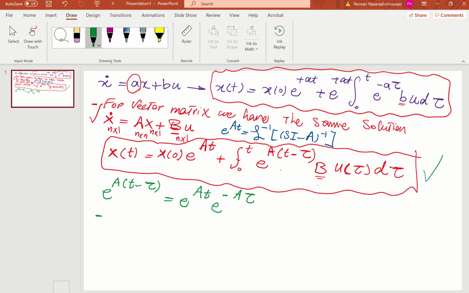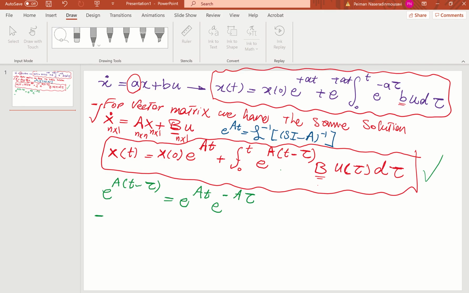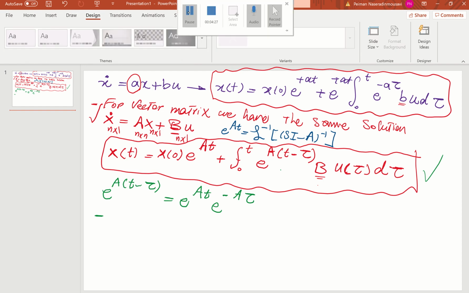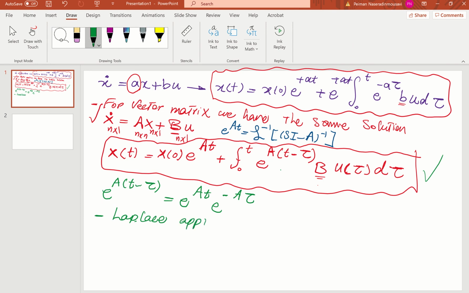The immediate approach that we can employ is the Laplace approach.